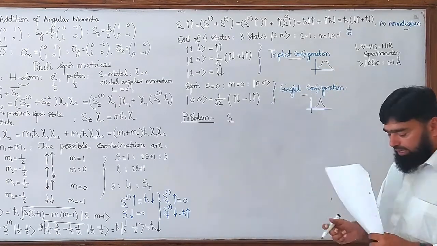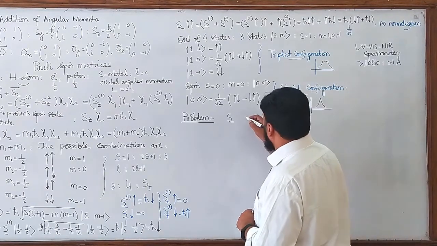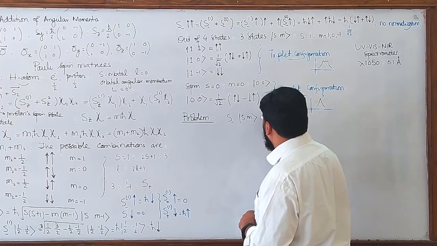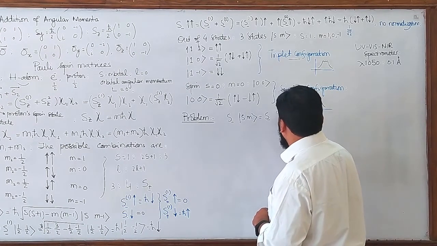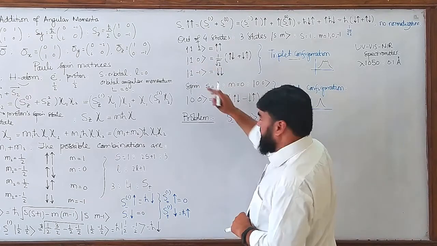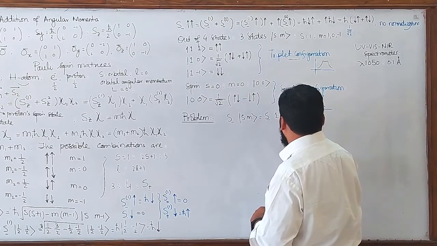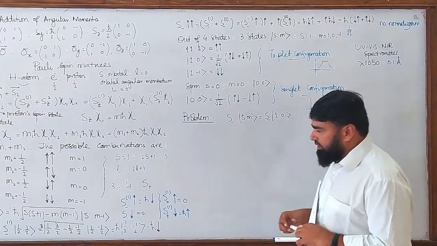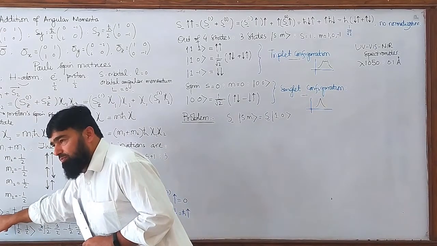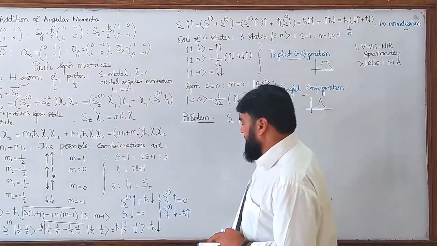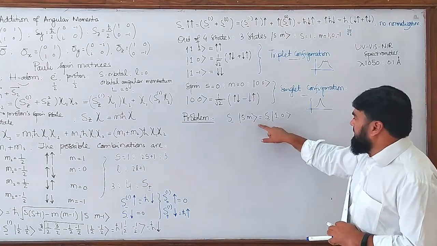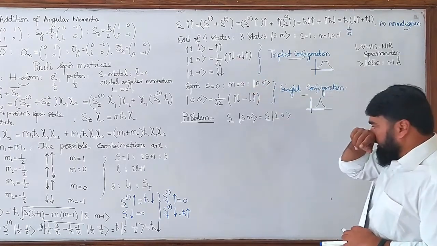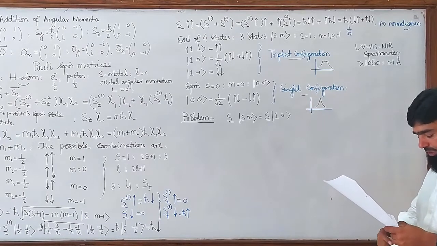What if we apply S minus on this state, the 1, 0 state? You remember we applied S minus on half, half. Similarly, we can now apply S minus on the 1, 0 state, which is this one, and we can see the result of it.